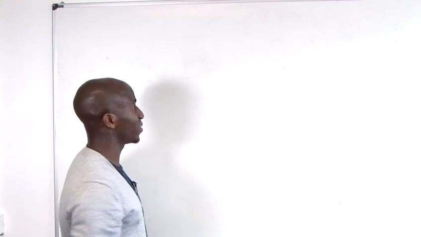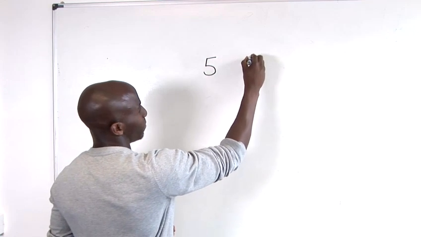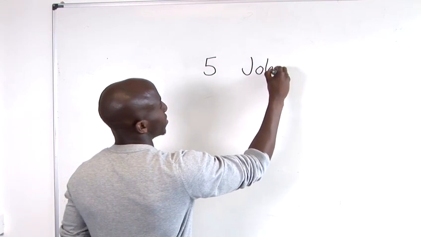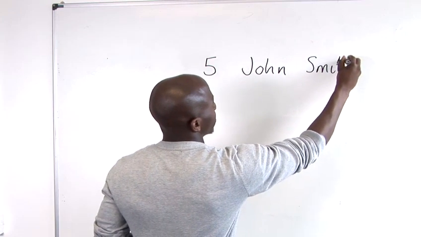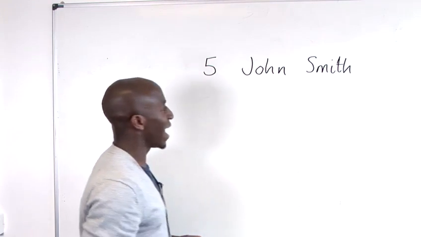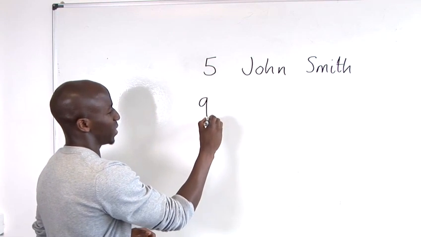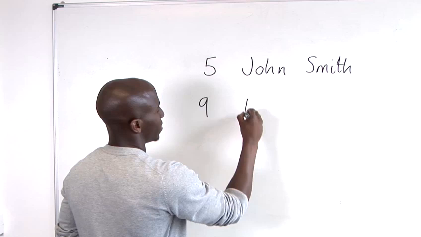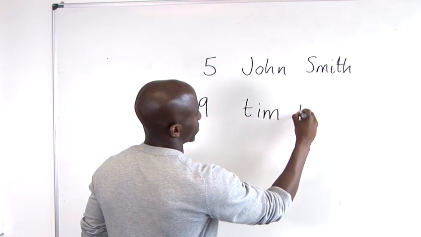So just imagine if in a particular school we found that we had 5 people with the name John Smith. And we also found that we had 9 people with the name Tim Matthews.